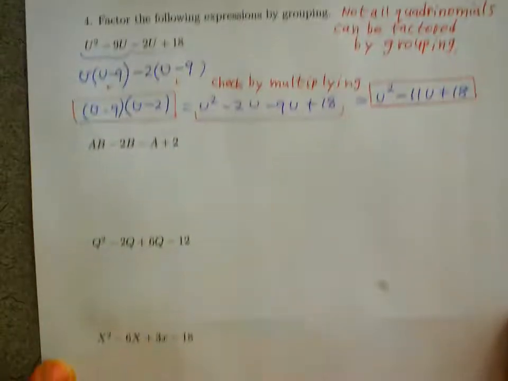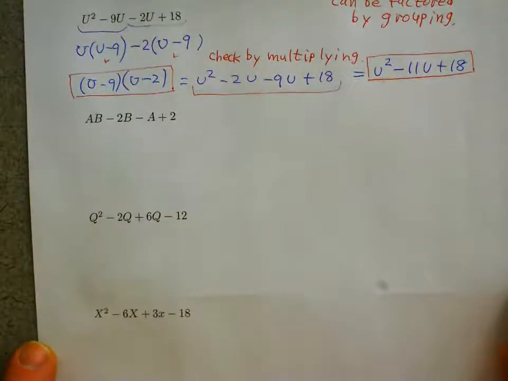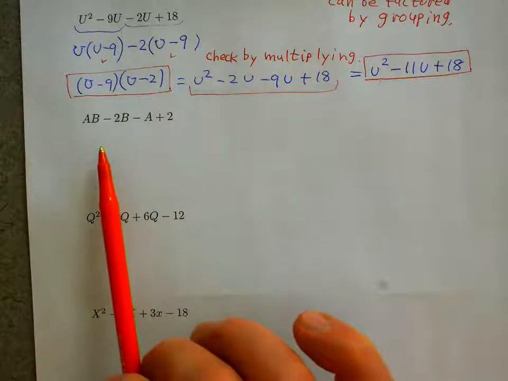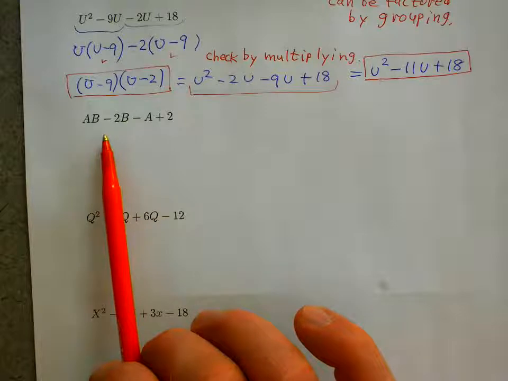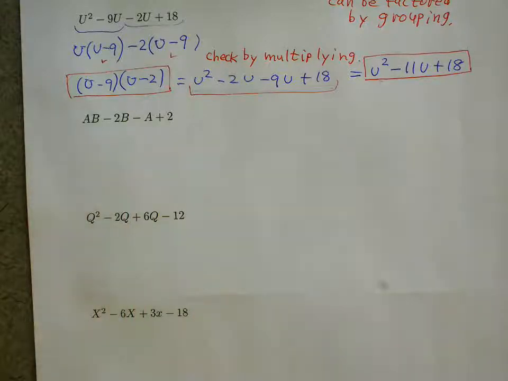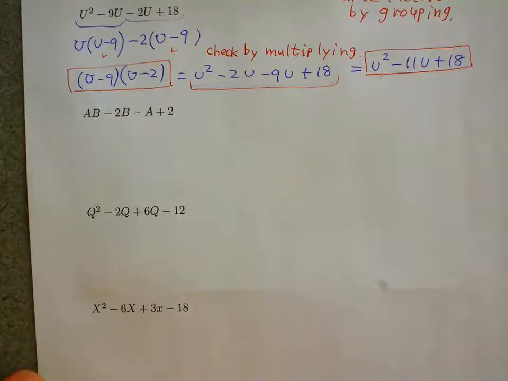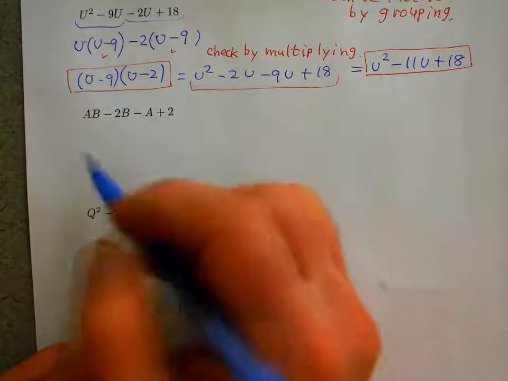Okay, so more of the same. Here's another quadrinomial. Factor by grouping. So out of the first two terms, what can we factor out?